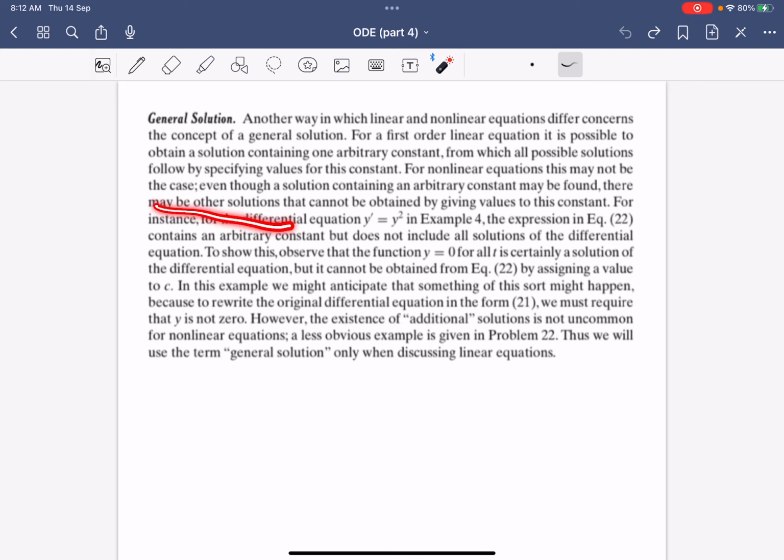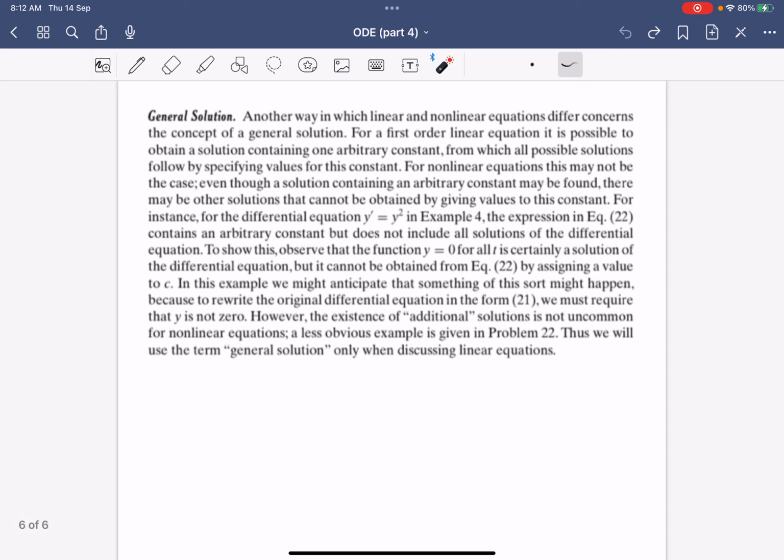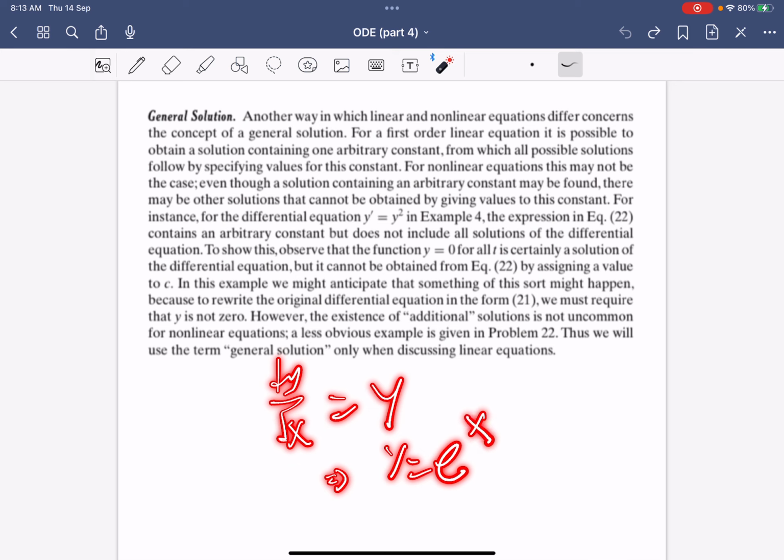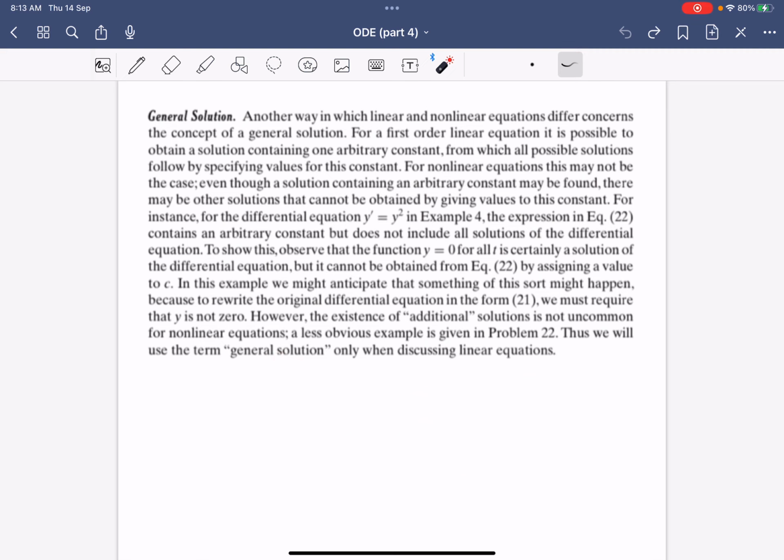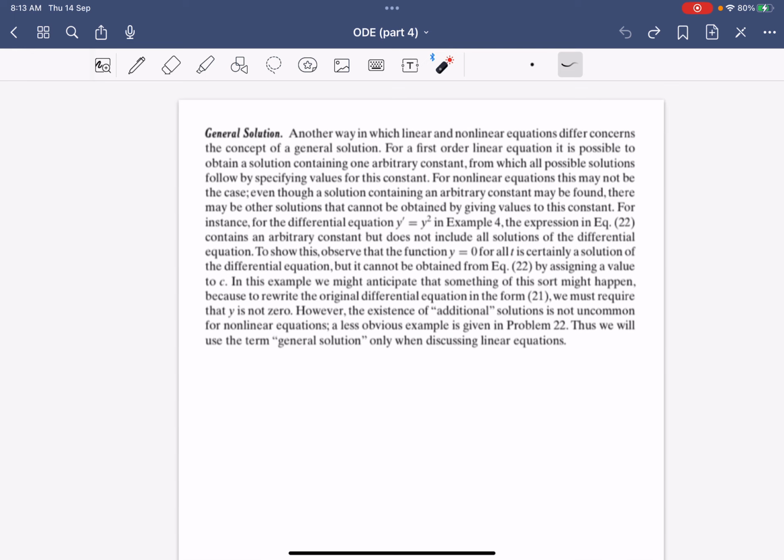There may be other solutions that cannot be obtained from this constant. So what do I mean? Well, we can solve the ODE dy/dx equals y to get y equals a e^x, and in this case every solution is of this form, differing only by a multiplicative constant. But for a nonlinear equation, that may not be the case.